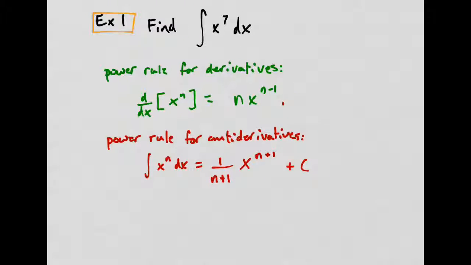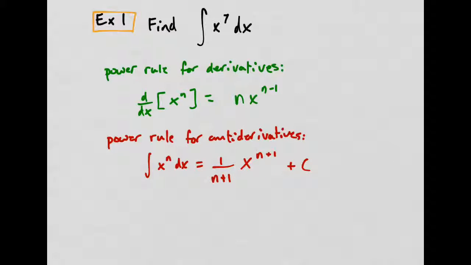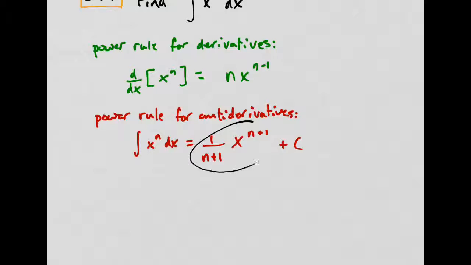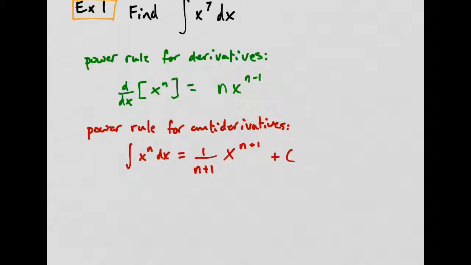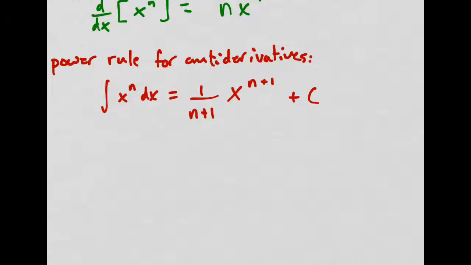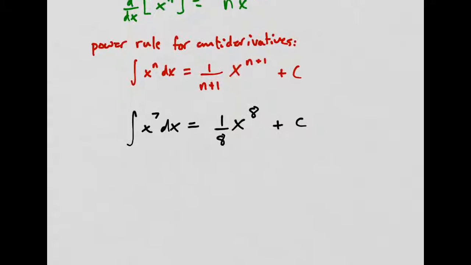If we have x to the 7th, and we're trying to follow this, n is 7, so I'll take the exponent. So the integral of x to the 7th dx is going to be x to the n plus 1, so x to the 8th, and then out in front, we're going to do 1 over 8. And then we have to add a constant. Why do we have to add that constant?